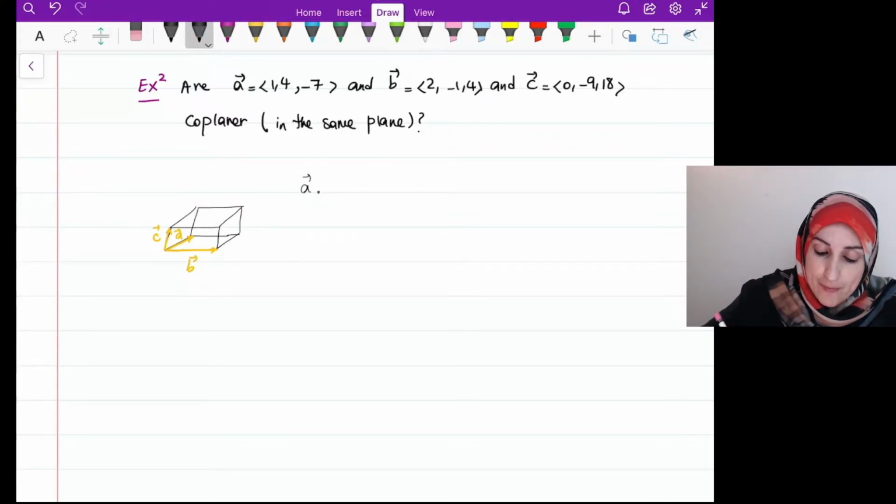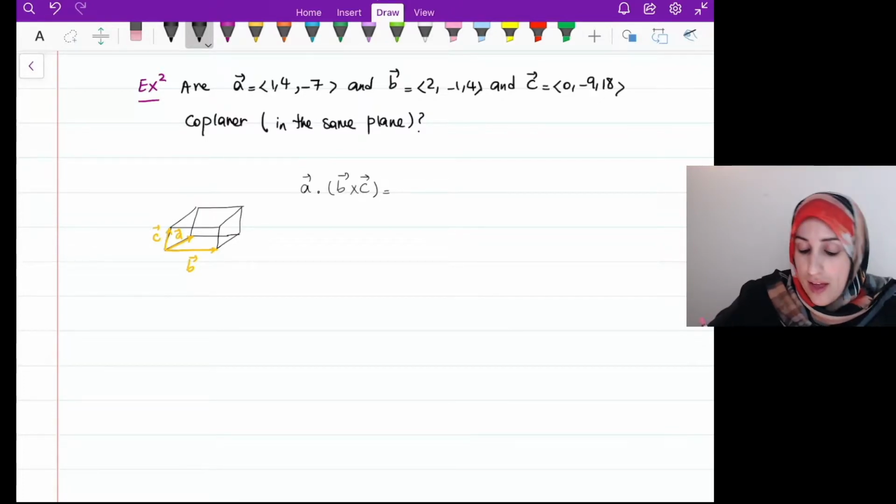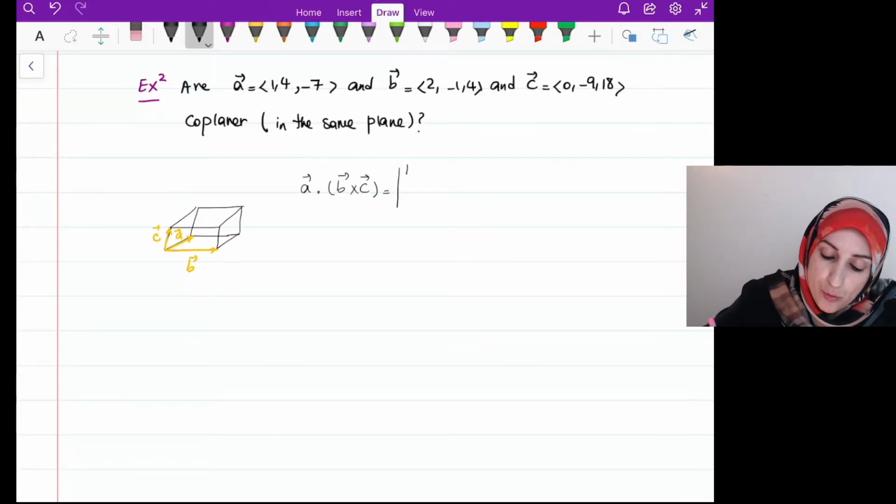So a dot b cross c is the volume of the parallelepiped, and I'm going to put 1, 4, negative 7, then 2, negative 1, 4, and 0, negative 9, and 18.